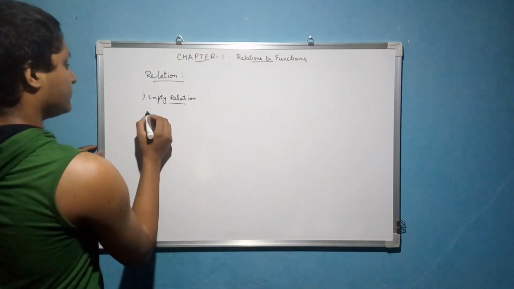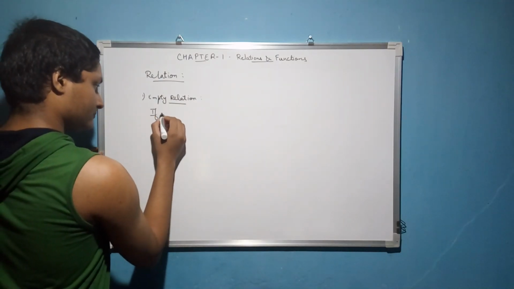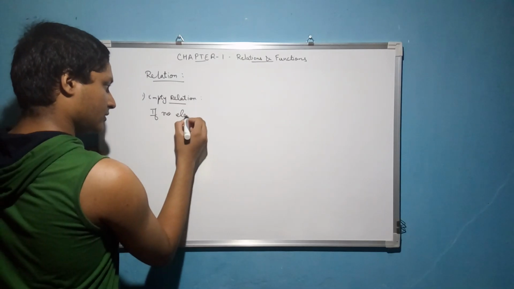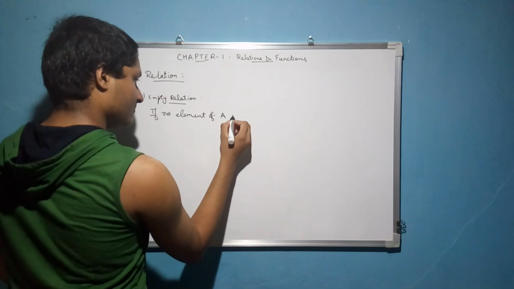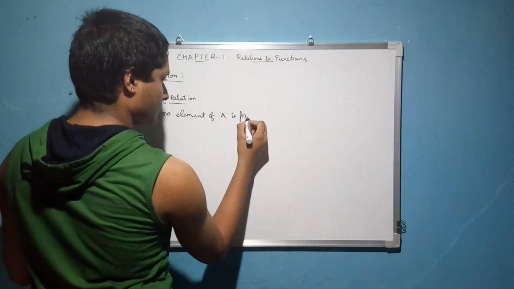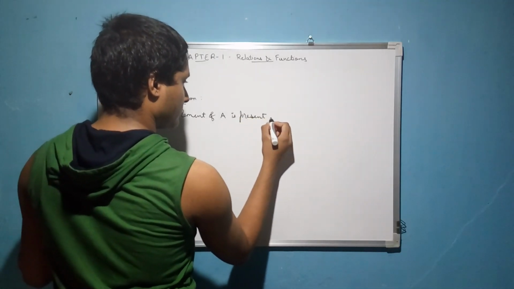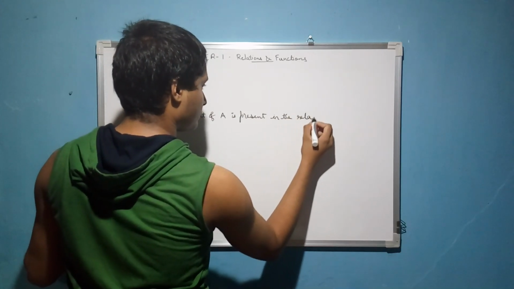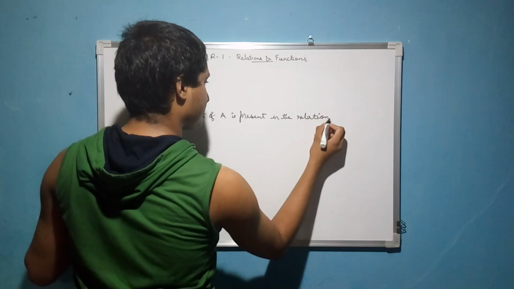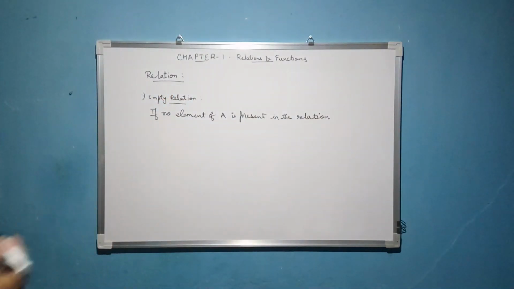If no element of A is present in the relation, that means that the relation is equal to the null set.